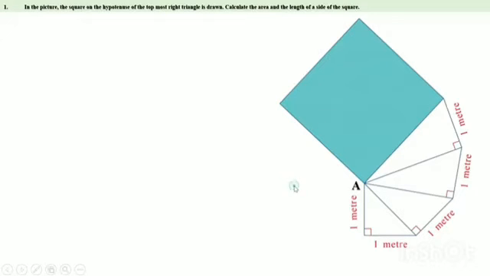Let us give a name like this. Consider triangle ABC. It's a right angle triangle and AC is its hypotenuse. We know hypotenuse square equal to base square plus altitude square. Therefore, AC square is equal to AB square plus BC square, or AC equal to root of AB square plus BC square.